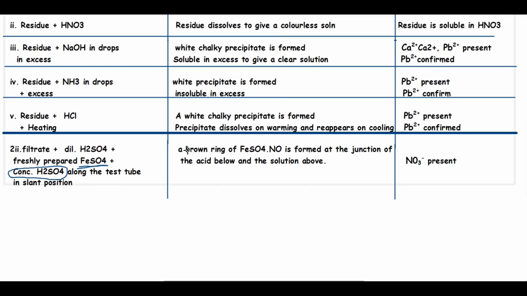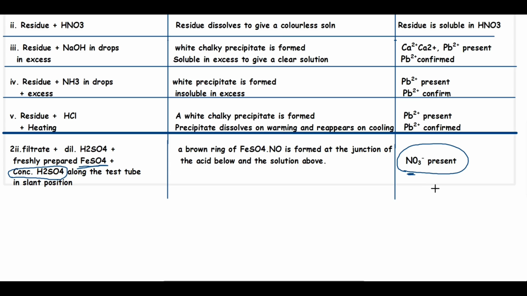If you do that, you will have a brown ring that will be formed just at the junction of the acid below and the solution above. If this happens, it confirms that nitrate anion is present in that solution. So that's called the brown ring test for nitrate anion.